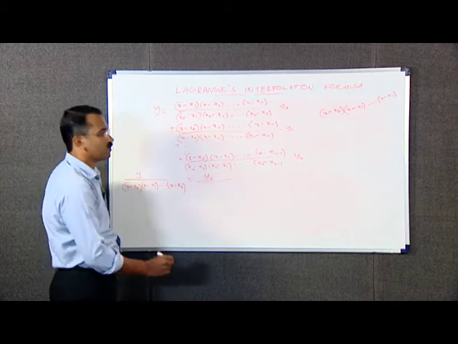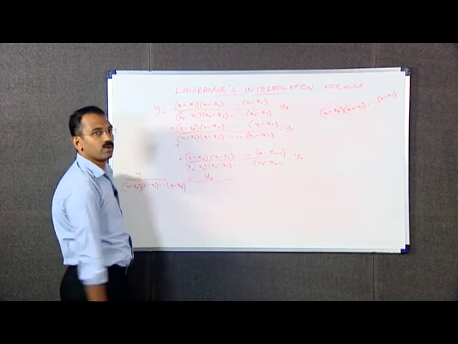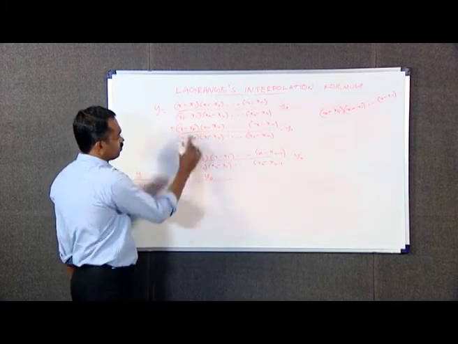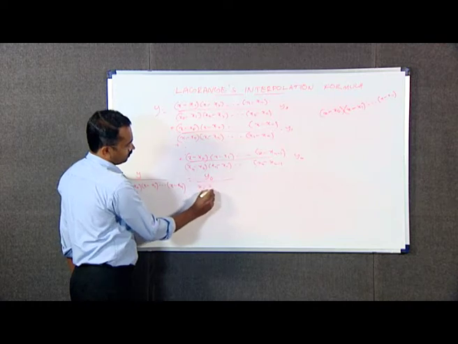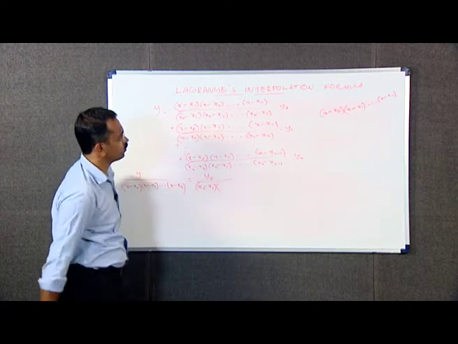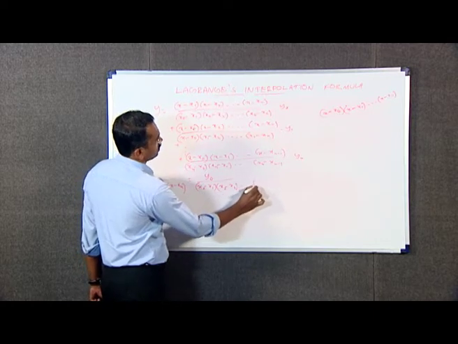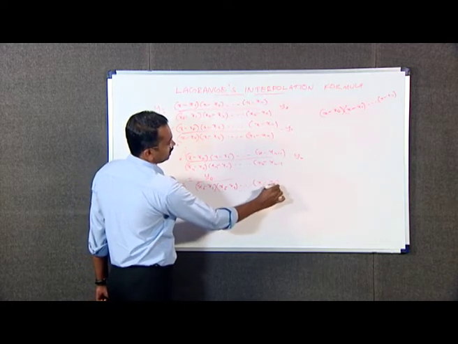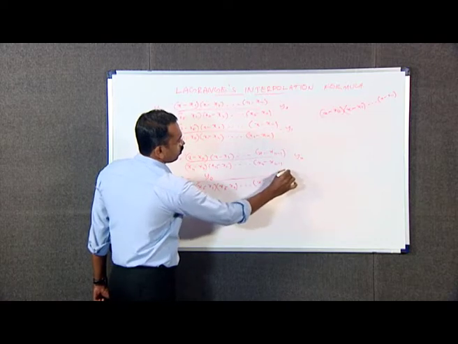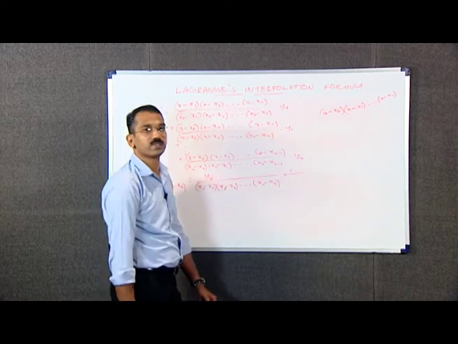divided by x naught minus x1 into x naught minus x2 into etc. x naught minus xn into 1 by x minus x naught.